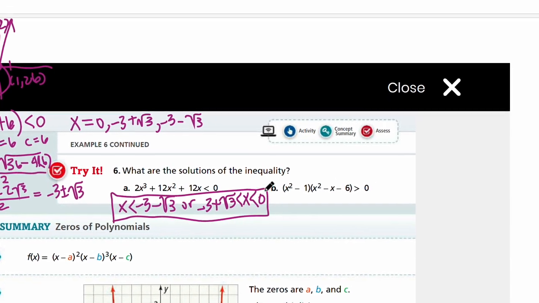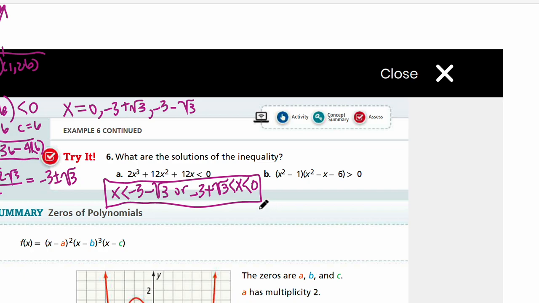All right, using the same method, you can solve for B. But you have to check the zeros and then check the positive and negative values. So the solutions for part B using the same method, it's the same steps, will be x less than negative 2, or anything between negative 1 and positive 1, or x for anything greater than 3.